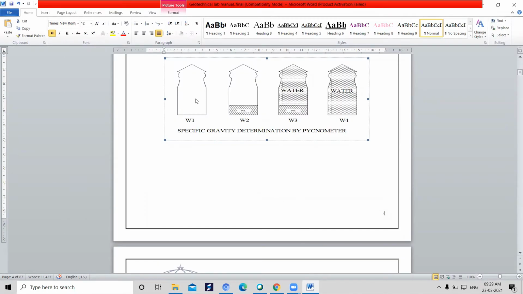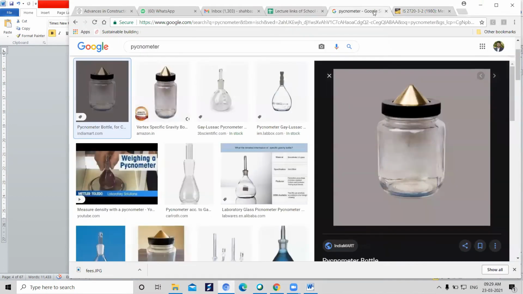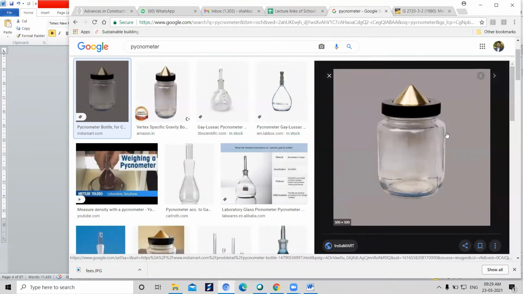Now we need to understand the different shapes of the density bottle and the pycnometer. As you are aware of how the pycnometer bottle and the density bottle look like, right? Now you are going with the execution, 1/3 of this and then 1/3 of this and then full of water, and the empty weight of the pycnometer bottle or density bottle plus full of distilled water. You have added and then executed the specific gravity.